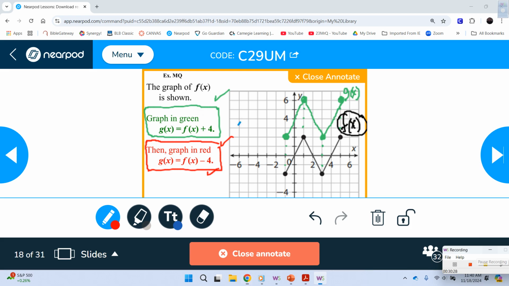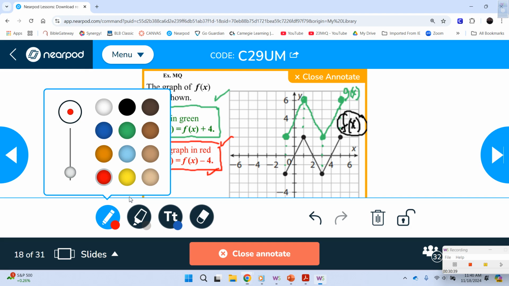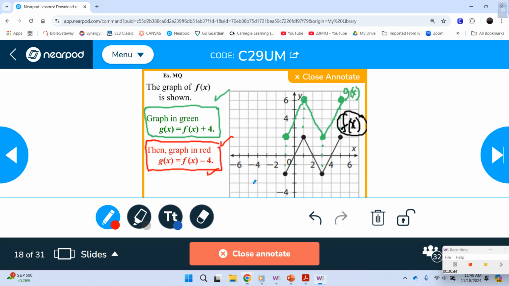So the green one, we said we got f of x, and we did plus 4, so we moved each point 4 steps up. So that means for the red one, what are we going to do for the red one, my team? For the red one? Down 4.